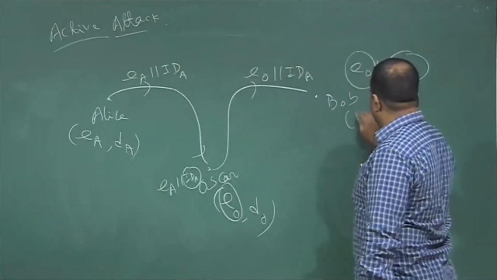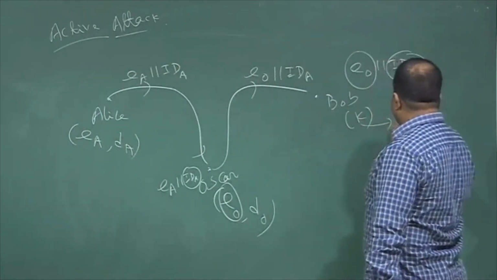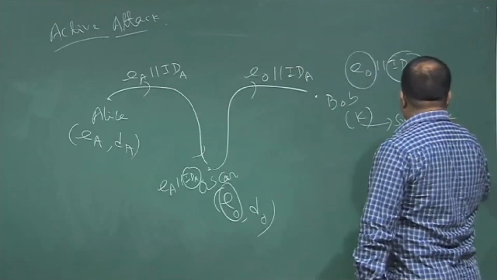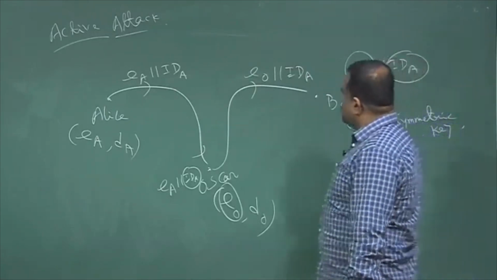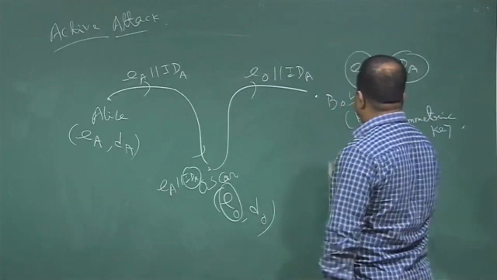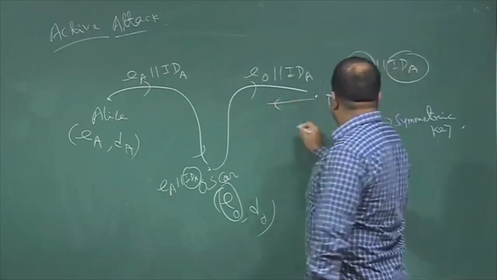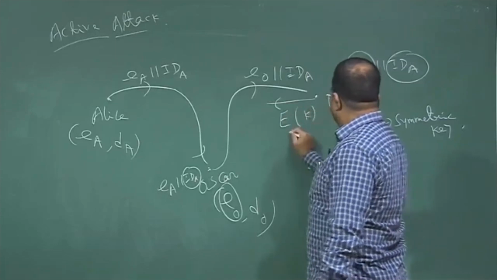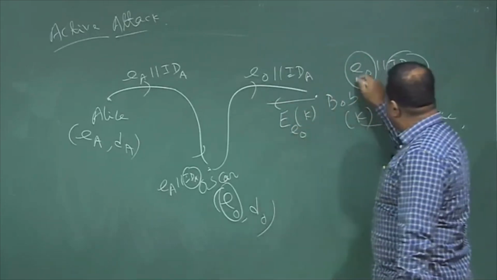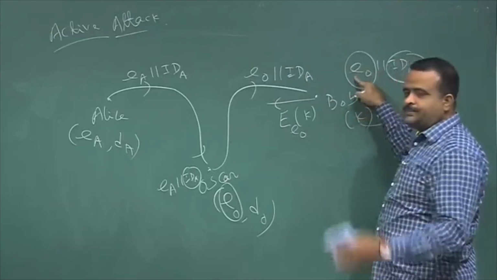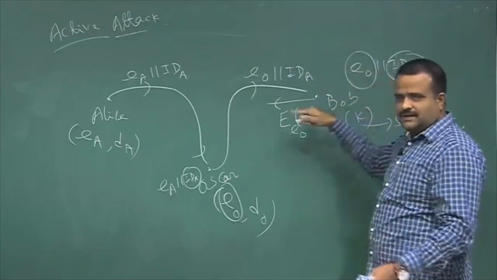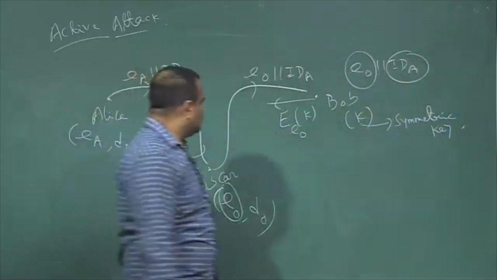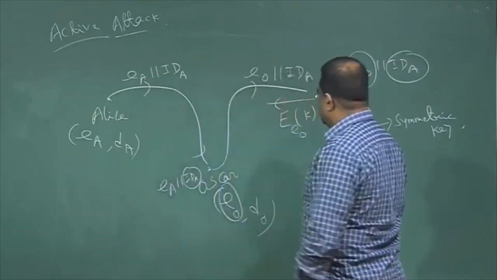So Bob will choose a key K, which is a symmetric key, and Bob will encrypt this K with public key encryption using the public key which Bob has received, which is supposed to be Alice public key, but Oscar has changed it. Oscar made its own public key. So this is sent over the public channel.